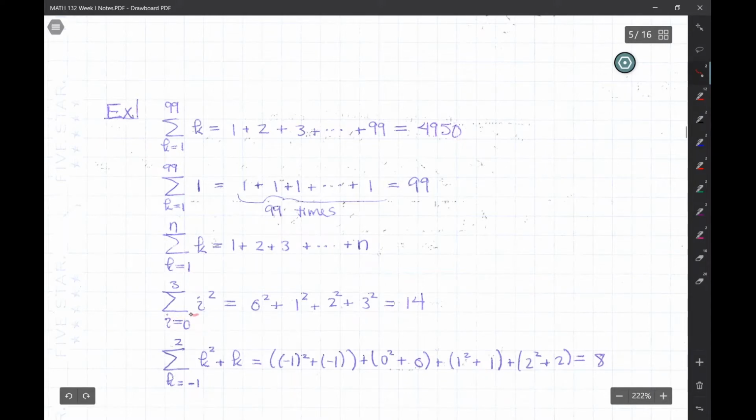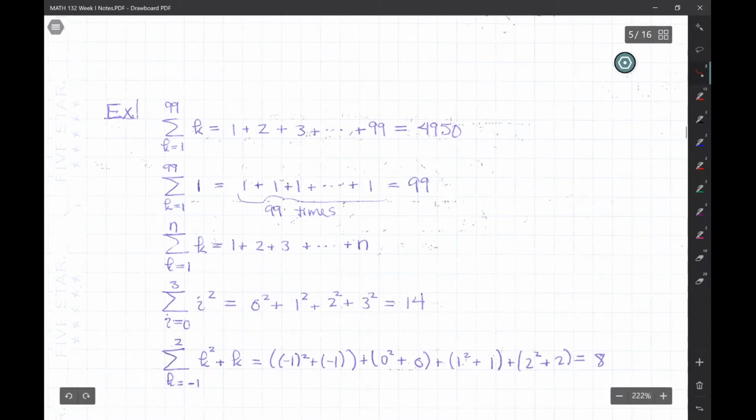And what do we do with that 1? Well, we look at the summand to see what we're doing with it, and we're squaring it. So we add 1 squared. Then we go to i equals 2. And what's the summand? i squared, so we take that 2 and square it. Next is 3, and then square it. And we're only summing up to 3. And so we get that this sum is equal to 14.